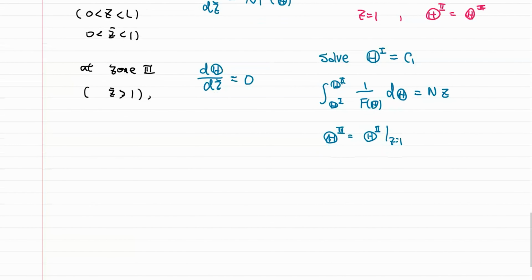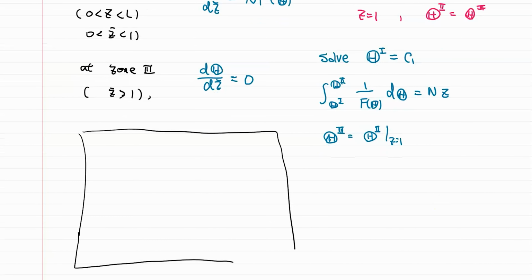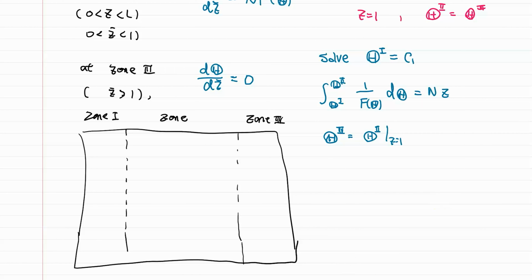So if we draw a plot, this is how it would look. Basically you have Zone 1, Zone 2, and Zone 3. And this is our dimensionless temperature, this is z over L, 0, 1.